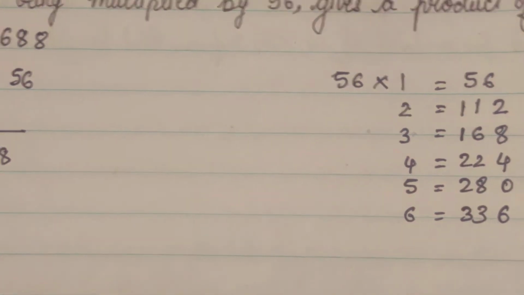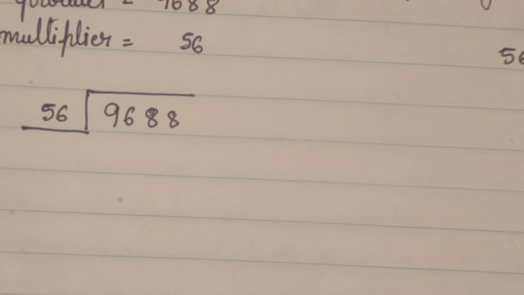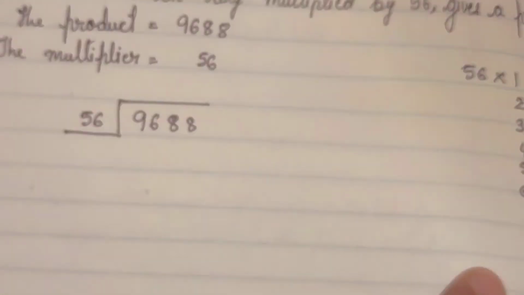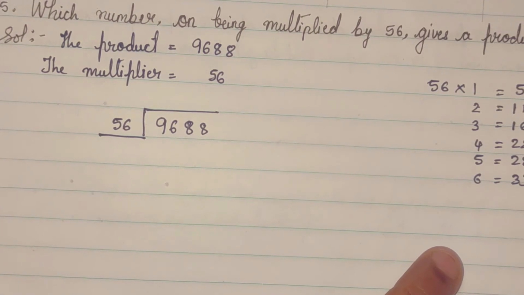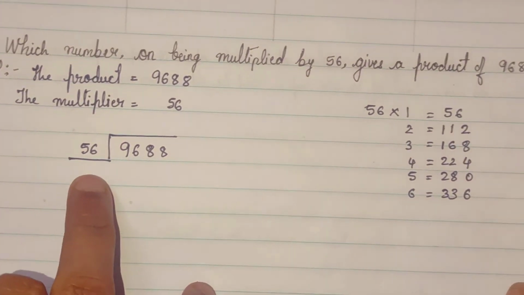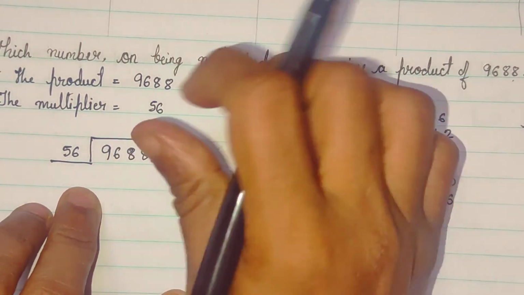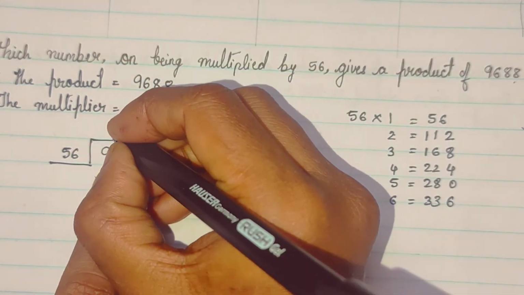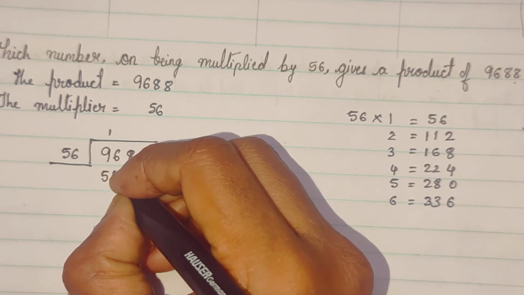Now see, let's try to do this division. Okay, so 56. We can take these 2 digits and 56 ones are 56.